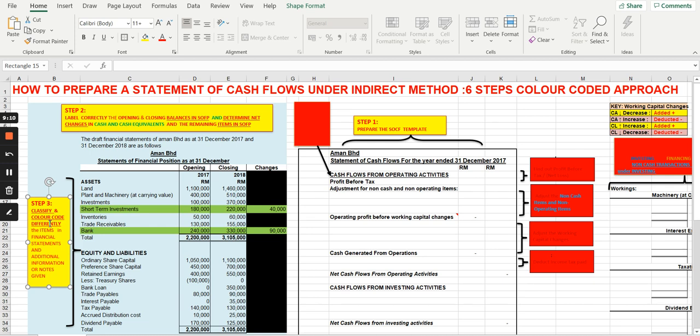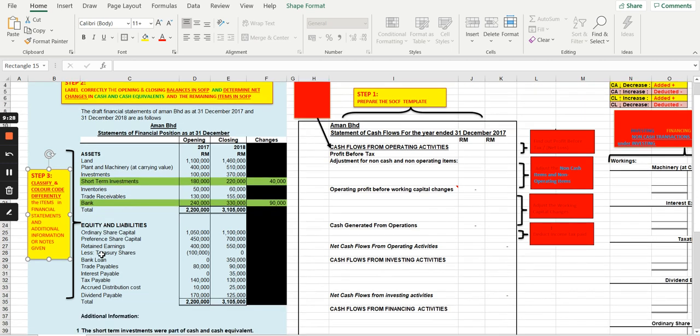So we're going to color code these activities, or these items in your statement of financial position, your assets. You're going to see which one relates to investing, which one relates to financing, and lastly, you are going to find out what relates to your operating activities, because there are 3 types of activities.